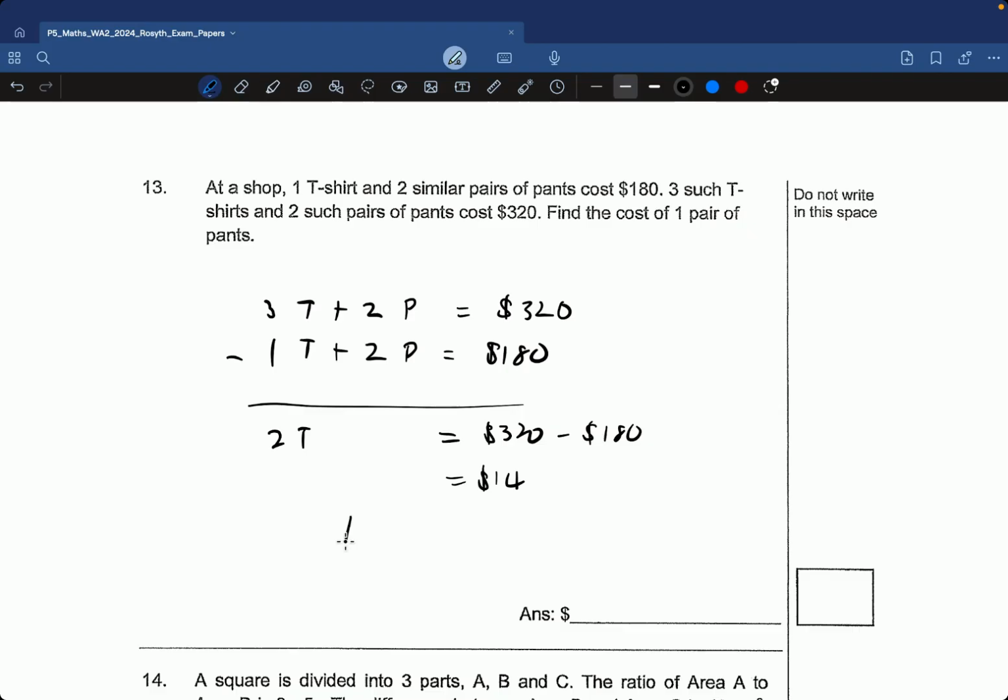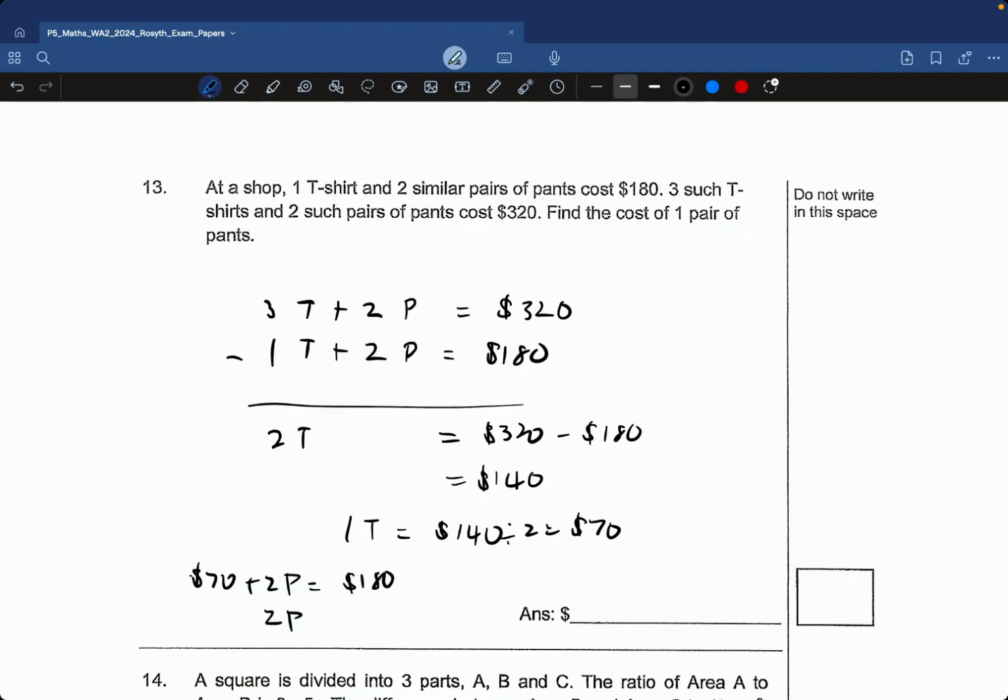Mental math. So 1t is equal to $140 divided by 2. This will give us $70. So we need to know how much is one pair of pants. Since we know one t-shirt plus 2p, one t-shirt is $70 plus two pair of pants is equal to 180.